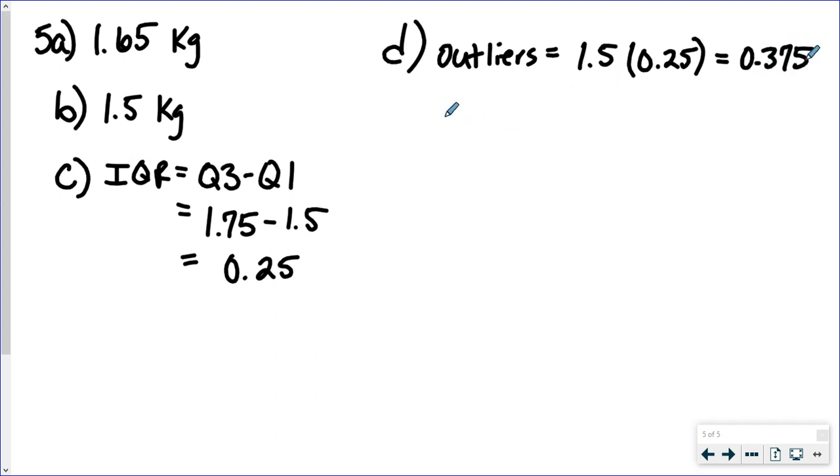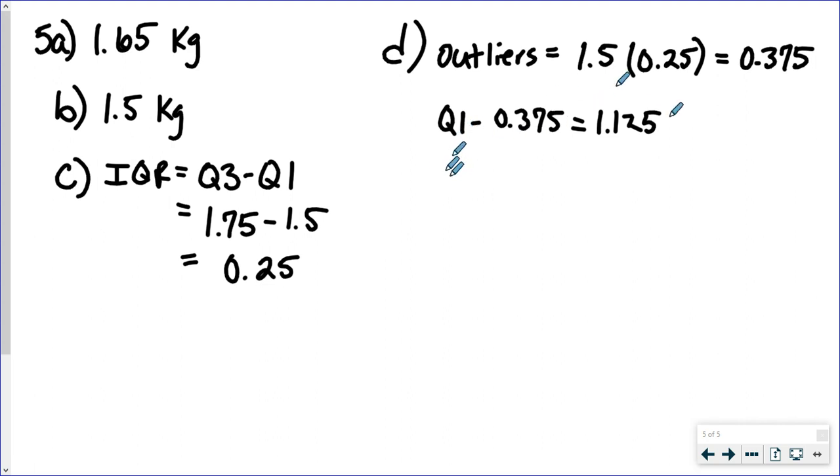So now Q1 minus 0.375 is equal to 1.5 minus 0.375. So that is 1.125, sorry.